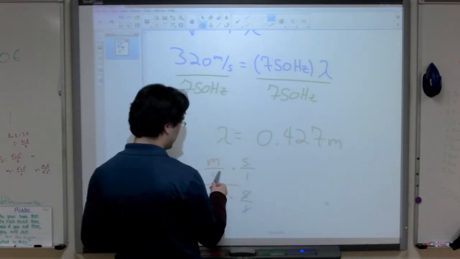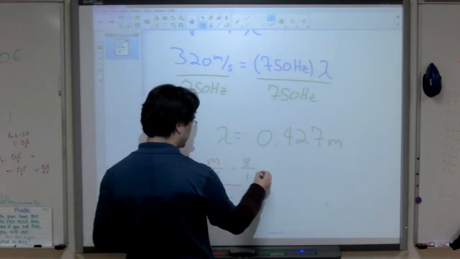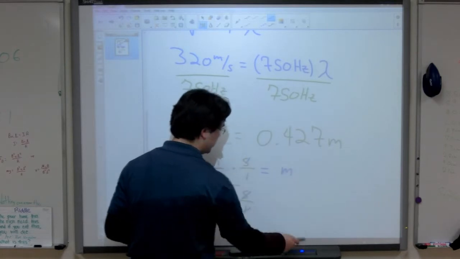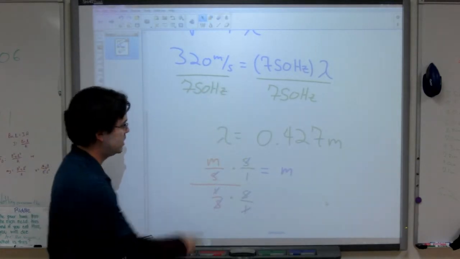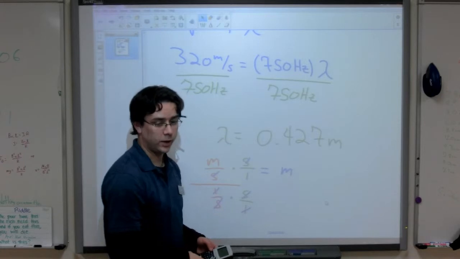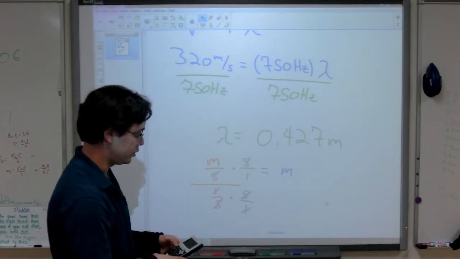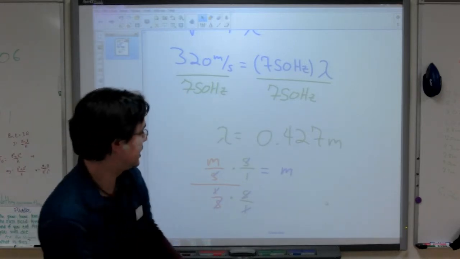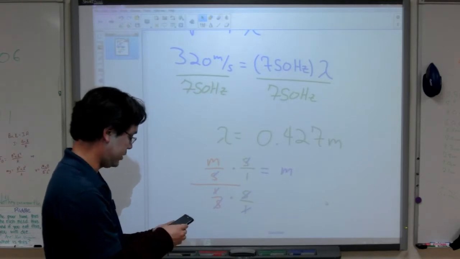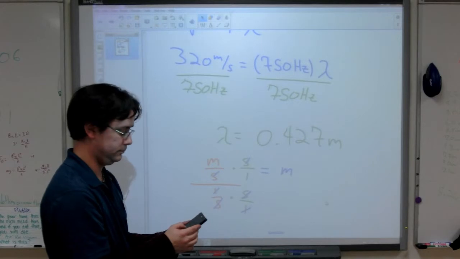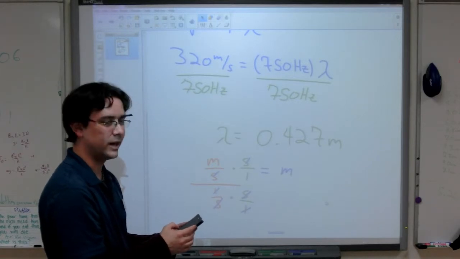Okay? So I can evaluate this, but these seconds cancel out, and I'm left with, indeed, meters over 1. My answer for this, the wavelength of that particular wave that we heard just a moment ago, is actually just shy of 43 centimeters, at least in the classroom here.